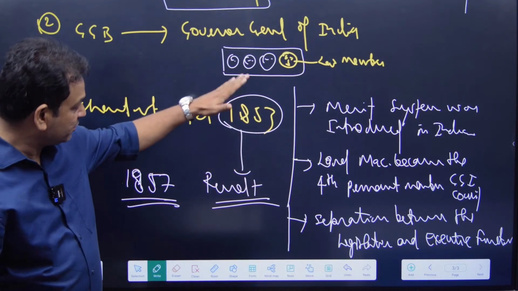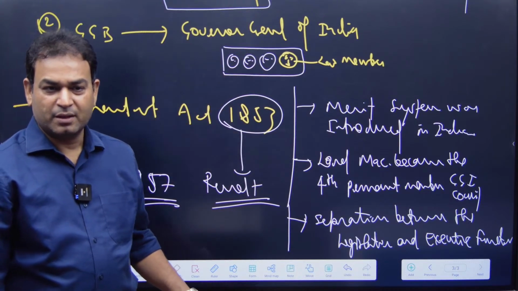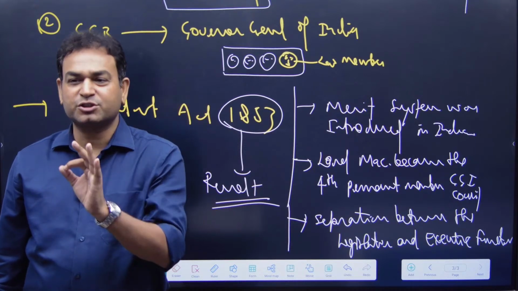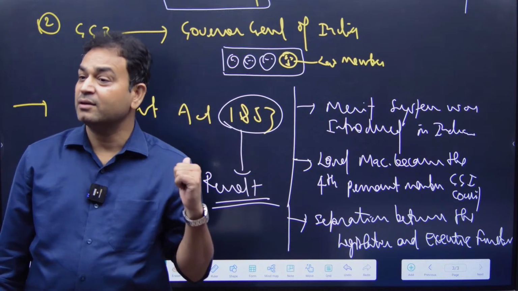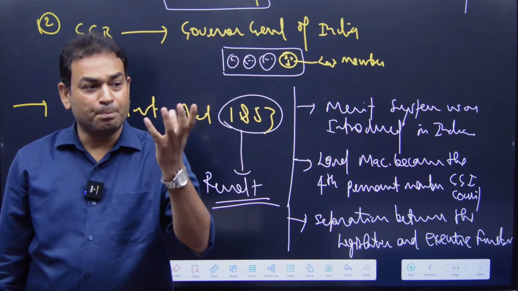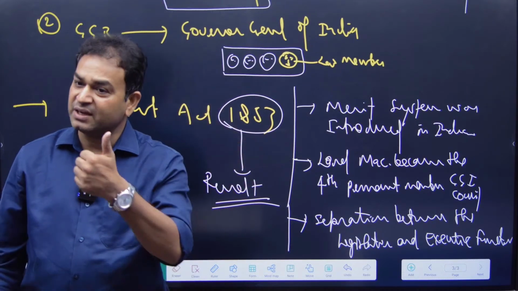During this development, the first visualization of government we can find in 1853. The first merit system for officials like civil servants we can see in 1853.